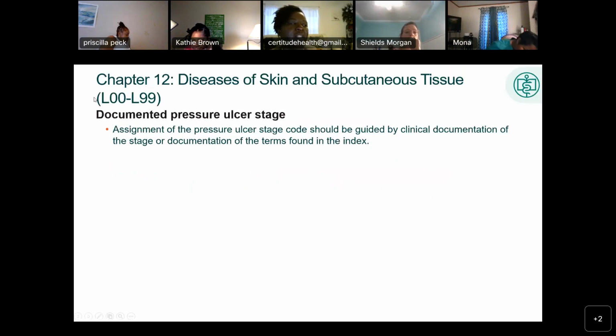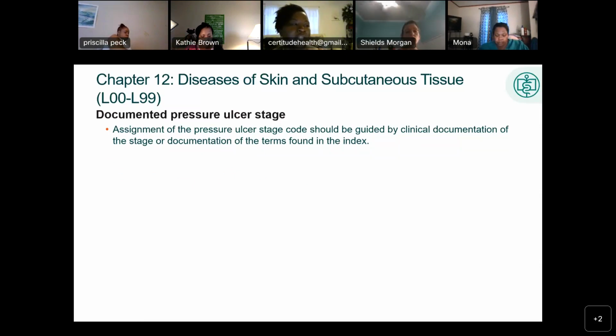So let's talk some more about pressure ulcers and how the assignment of the stage should be guided by clinical documentation. That means you or me as a coder, we cannot make a decision to say, oh, this was a stage 1 or this was a stage 2. It has to be documented.